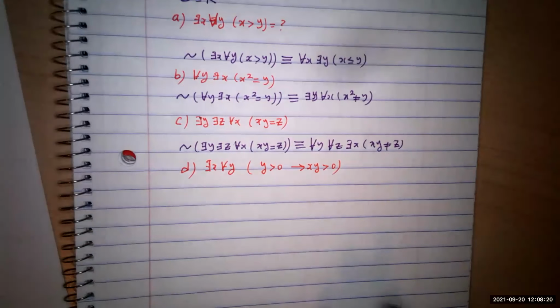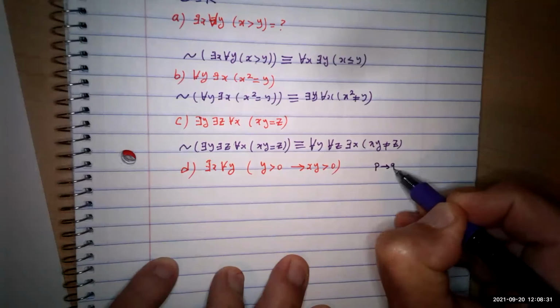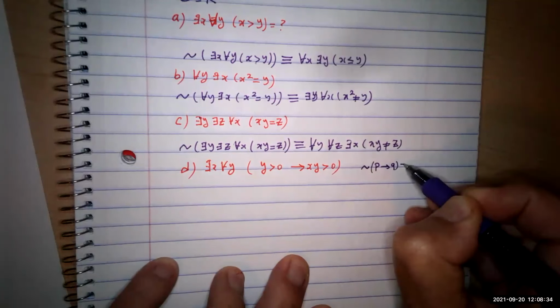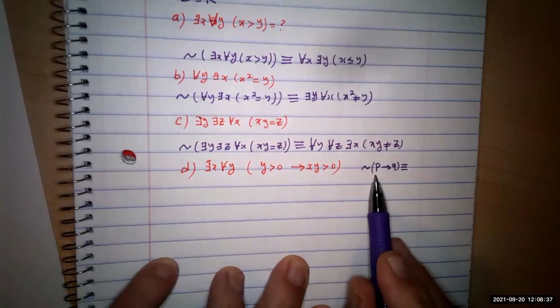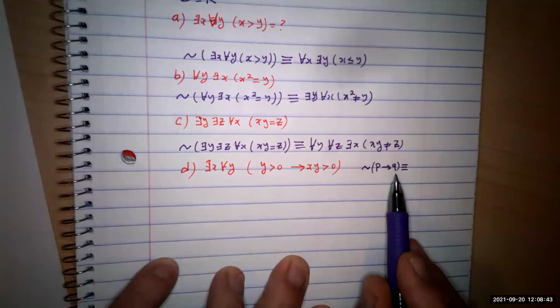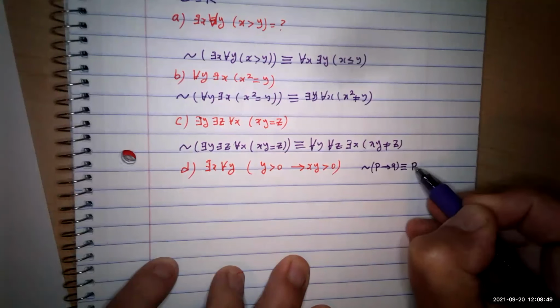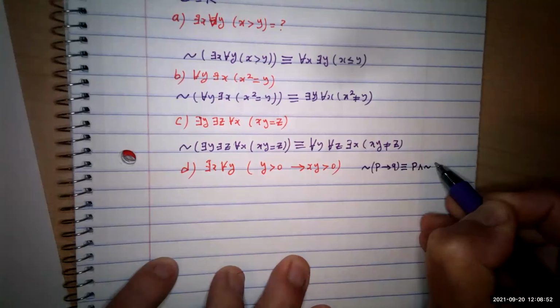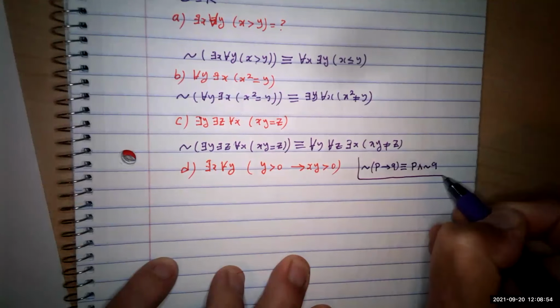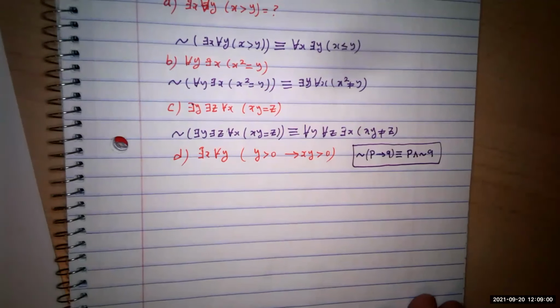You see, this is if P then Q. Make sure you remember the negation of if P then Q. If P then Q is equivalent to not P or Q. The negation: the not P is changed to P, and the or is changed into and not Q. Make sure you remember it. That's the negation of the conditional implication.